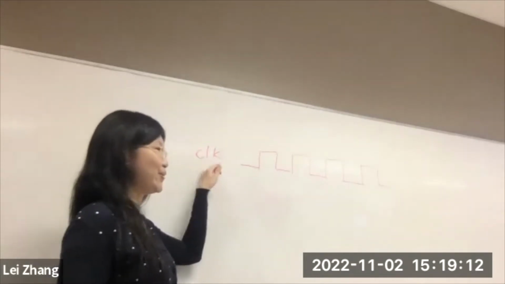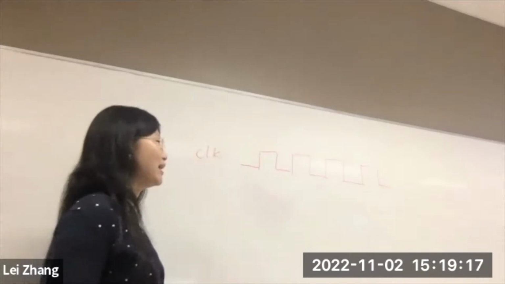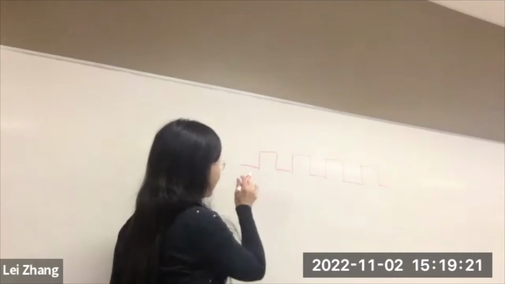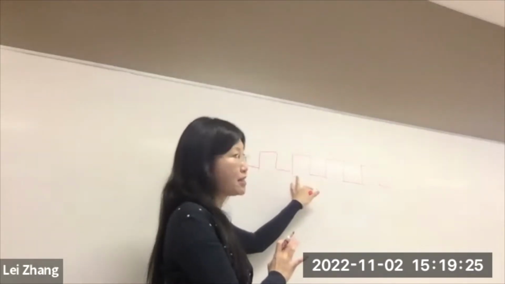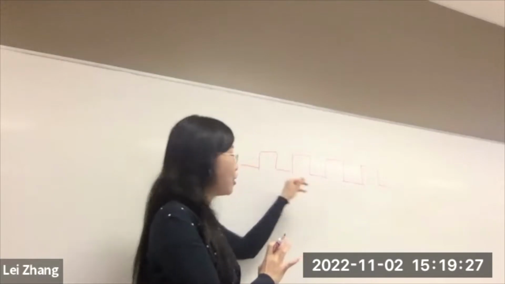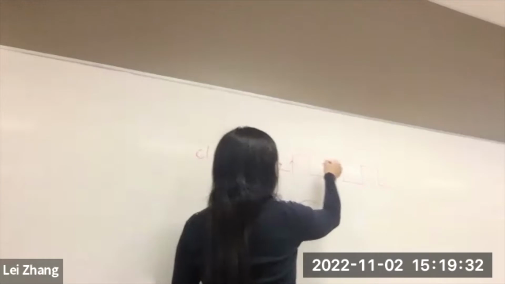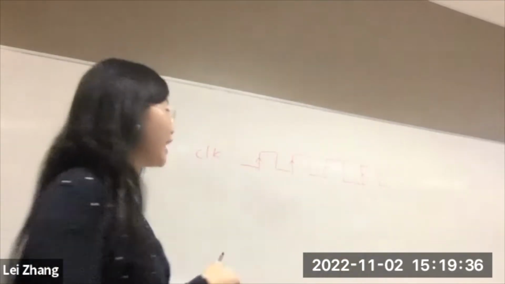So you can never get away from this signal and design a synchronous circuit. It has a 50% duty cycle, and it has a rising edge and a falling edge.